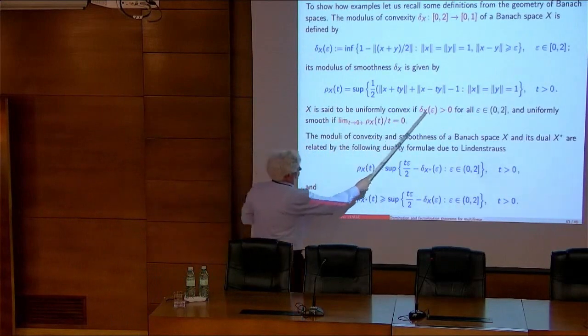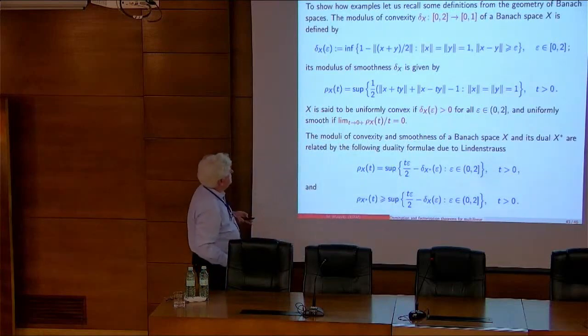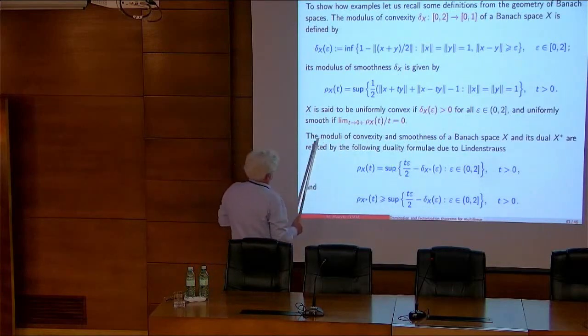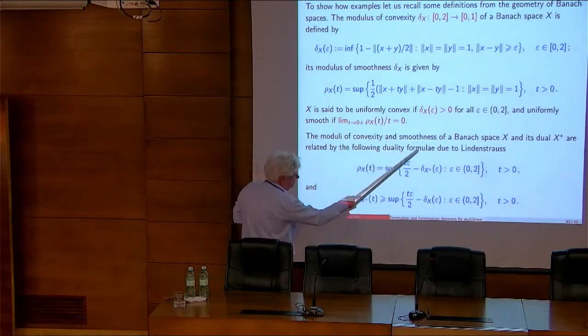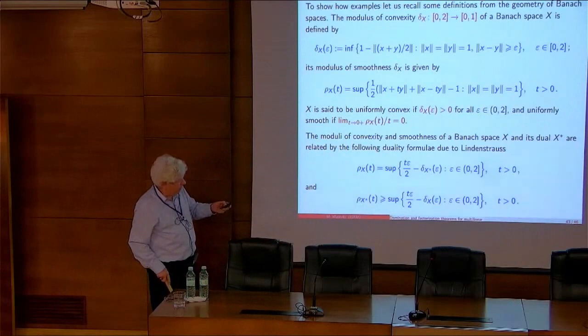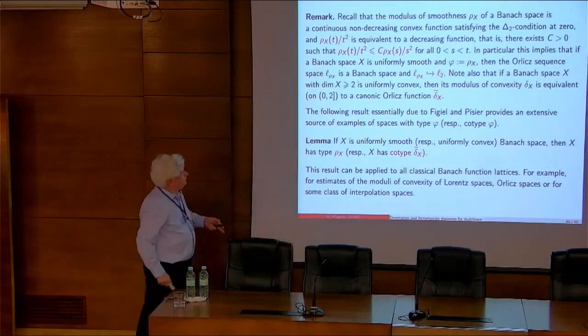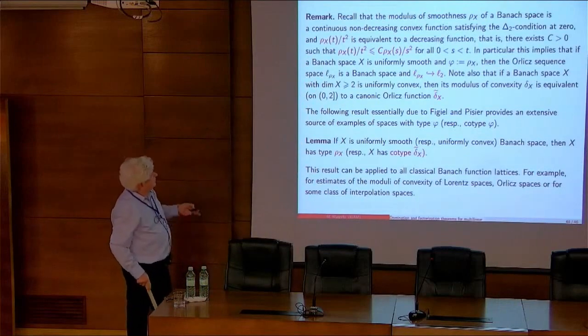The moduli of convexity and smoothness of a Banach space and its dual are related by the following formula proved by Lindenstrauss. You can find this in his paper, but it is in this famous book with Tzafriri. So this is what is known about how those functions behave.